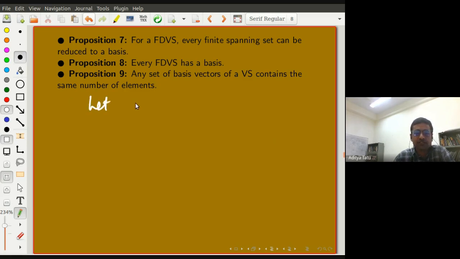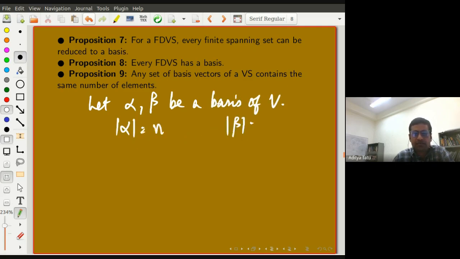Let alpha and beta be bases of my vector space V. Let the cardinality of alpha be n and the cardinality of beta be m. Let us just show that n is equal to m. How do we show that?